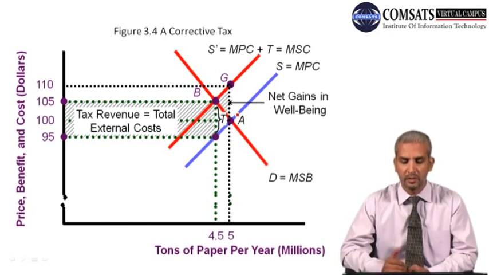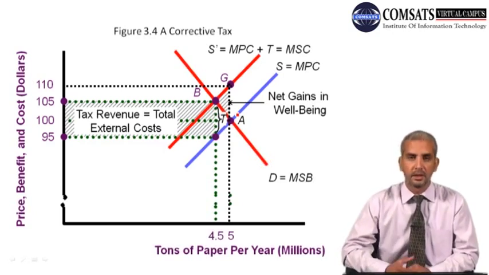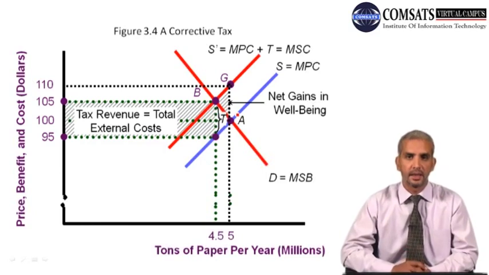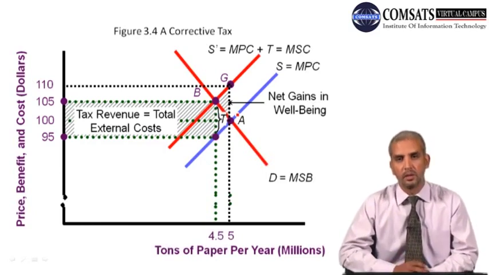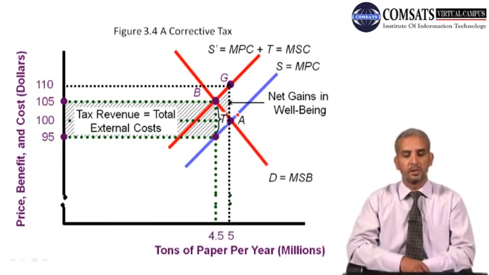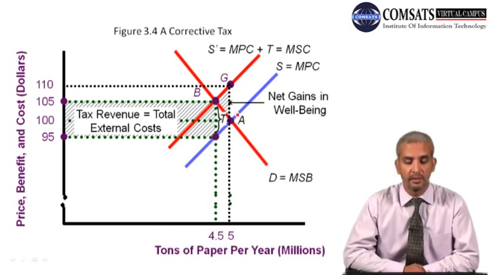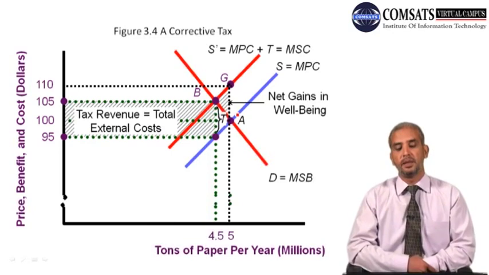The new supply curve would shift towards the left, and the new equilibrium point would be at point B. The result would be the same, because the total output has been reduced from 5 to 4.5, and the price charged is 105 at the new point of equilibrium, which is B.